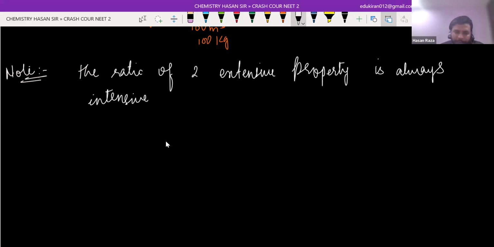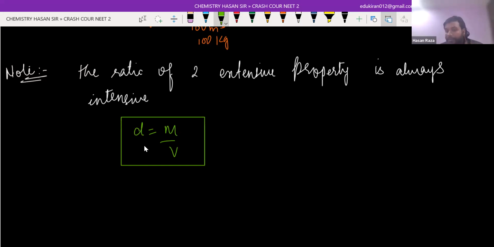Now see what happens here. D is equal to mass upon volume. I'm going to justify that density is an intensive property. You can see it is a ratio of two extensive properties. As you know, mass is extensive, volume is also extensive, as I explained. So the ratio of two extensive properties will always be intensive.